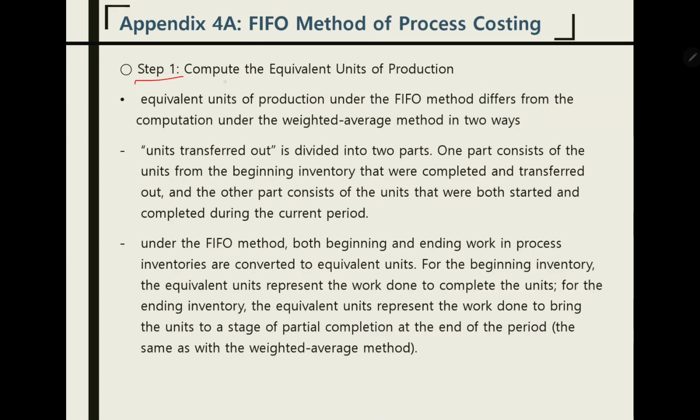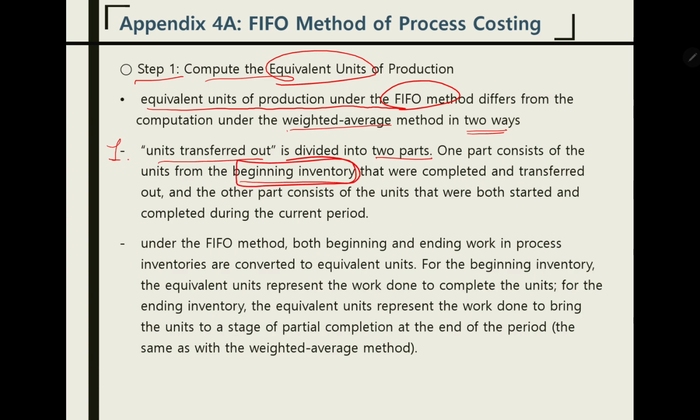So the first step is to compute the equivalent units of production. Equivalent units of production under the FIFO method differ from the computation under the weighted average method in two ways. So how are they different? First, units transferred out are divided into two parts. One part consists of units from the beginning inventory.